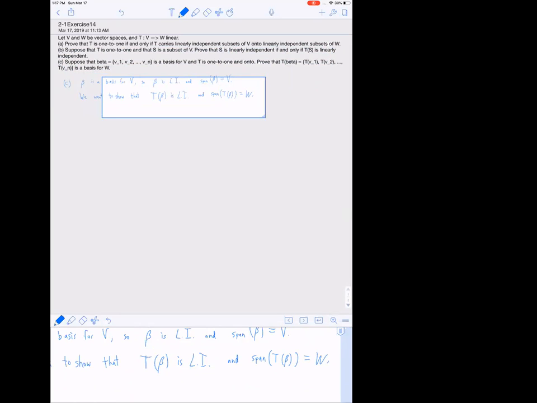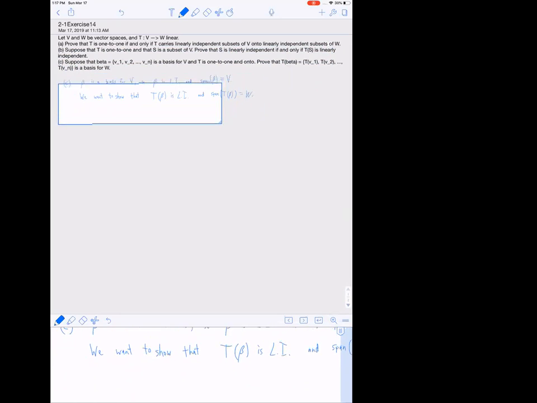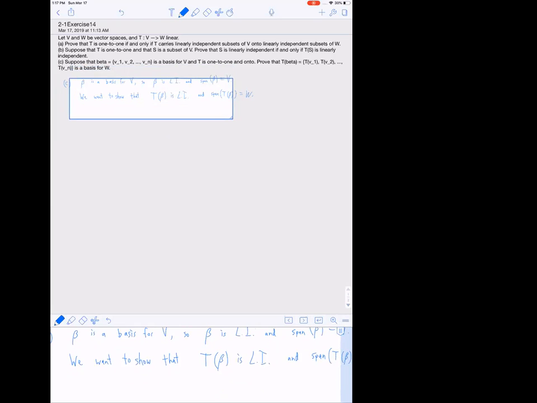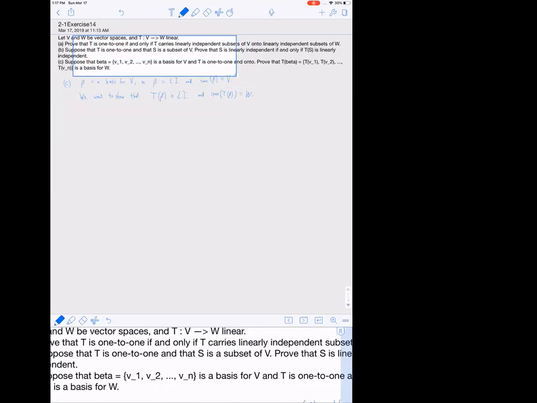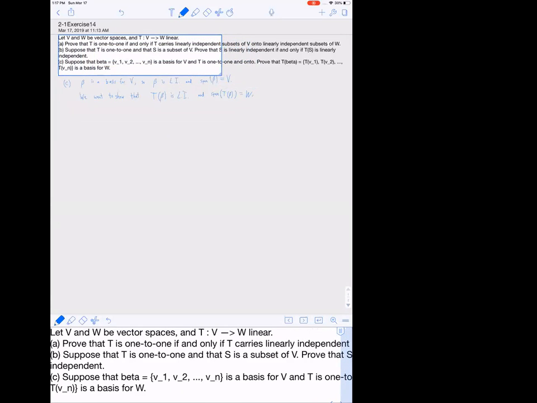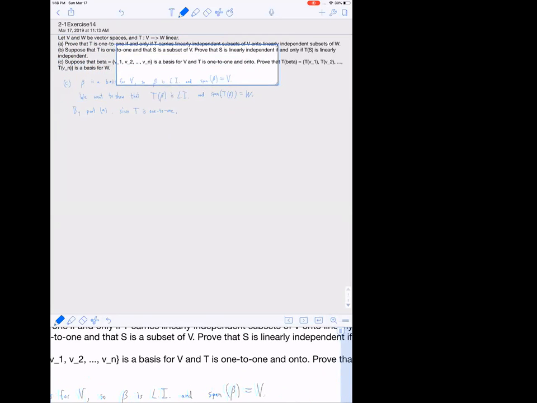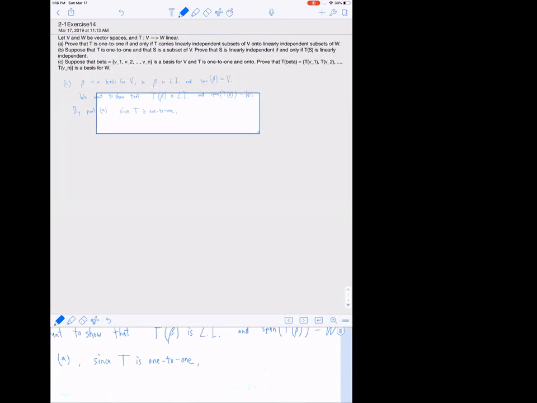Well, one of these looks like it's pretty well what we just showed. We start off with a linearly independent subset of V, namely beta, and we conclude that T of beta is also linearly independent. Well, in part A, we could do that if we had that T was 1-to-1. So by part A, since T is 1-to-1, in part C, we're assuming that T is both 1-to-1 and onto.